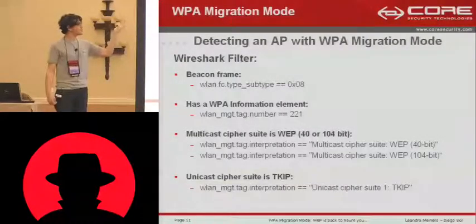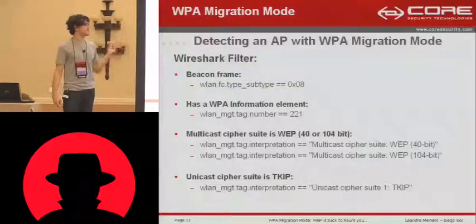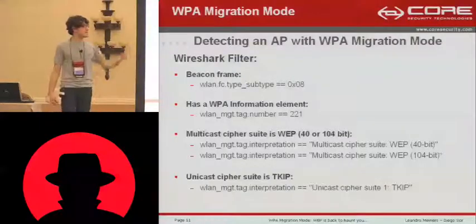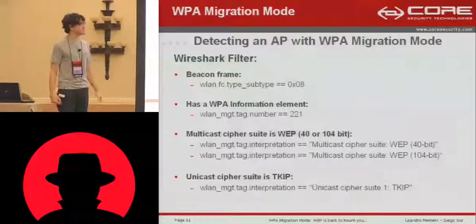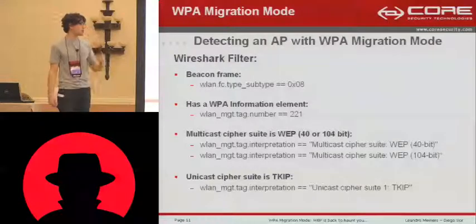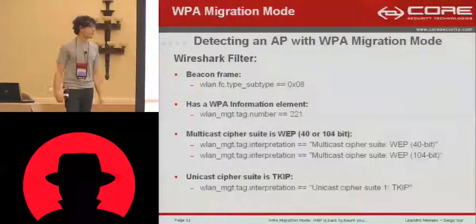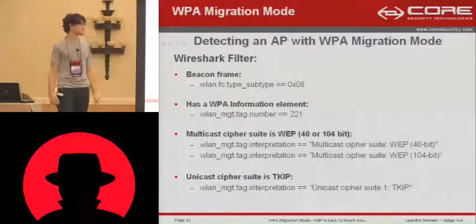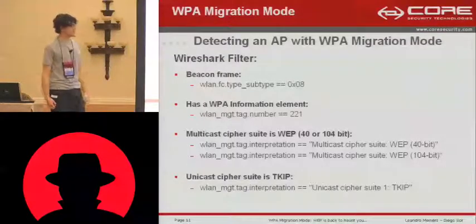Then the multicast cipher suite, which is inside one tag of the WPA elements, must be multicast cipher suite WEP 40 bits or multicast cipher suite WEP 104 bits. And finally, the unicast cipher suite is TKIP.